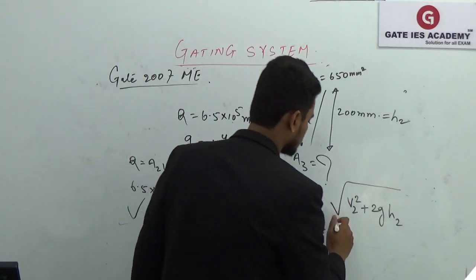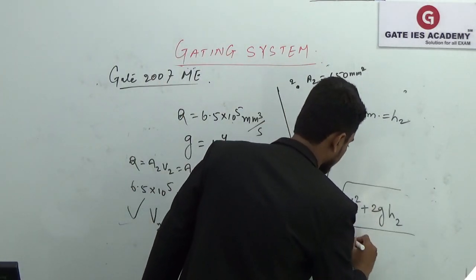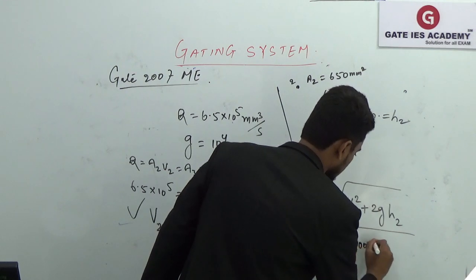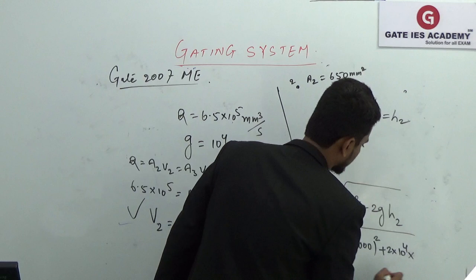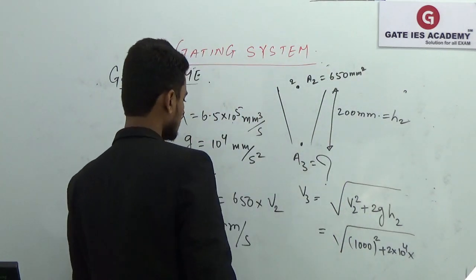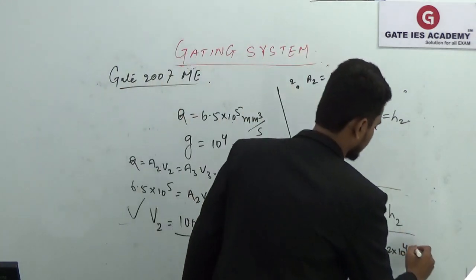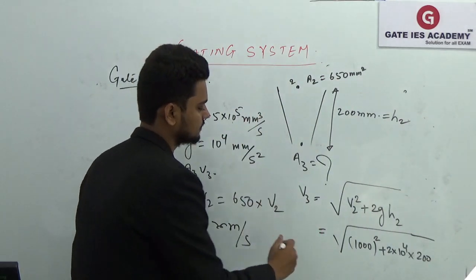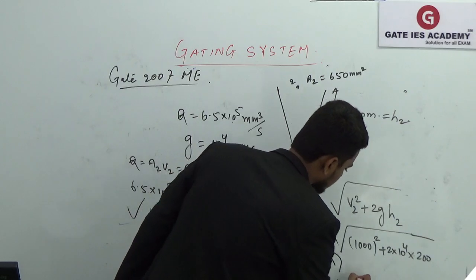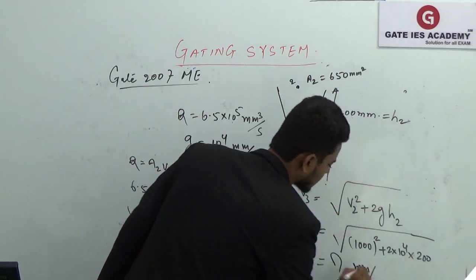So V3 equal to square root of 1000 square plus 2 into g, which is 10 to the power 4, into H2, and it is 200. From here you can find out V3. Some value you will get, in mm per second.